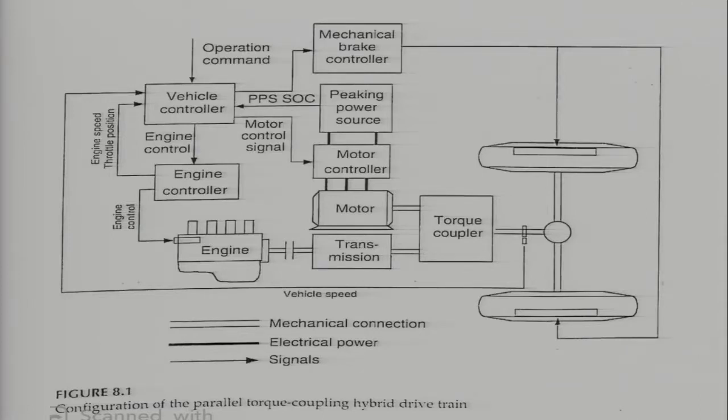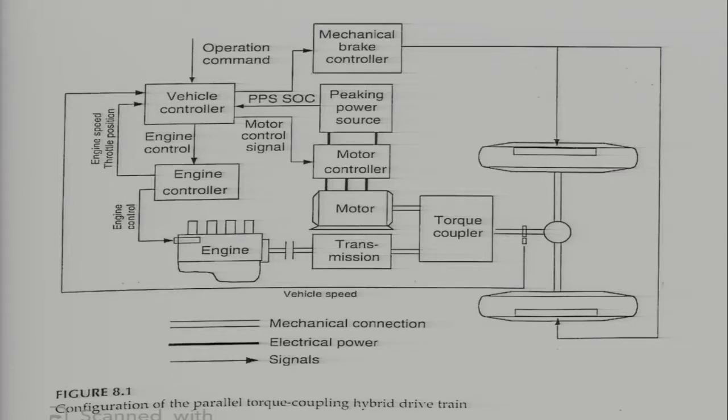Here you can see the torque coupler is one important additional part which is required compared with the series hybrid drivetrain. And here you have the motor, which is an electric motor, coupled with the torque coupler. Similarly, there is an IC engine, along with the transmission gear, and that is also connected to the torque coupler.